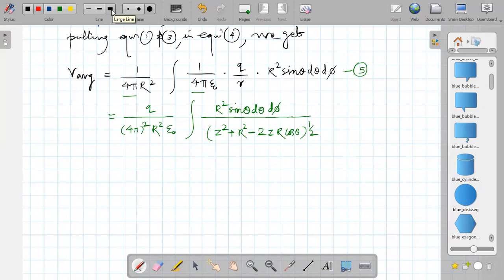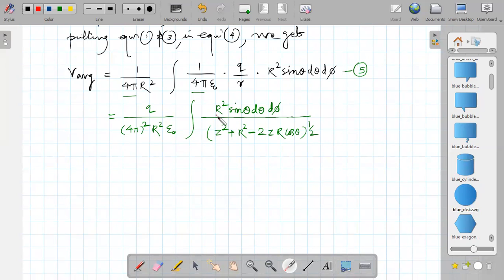We can find out the denominator term, and here r square is r square, and this is again your r square term, we can cancel r square and r square. Okay, and therefore we can write using the substitution method.